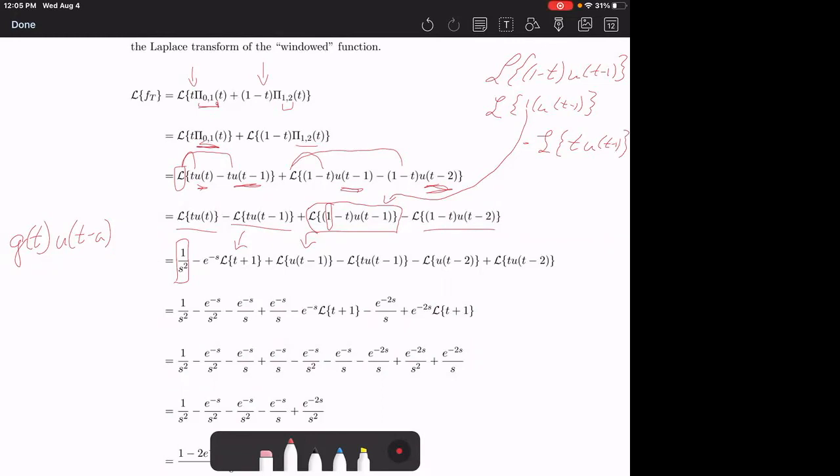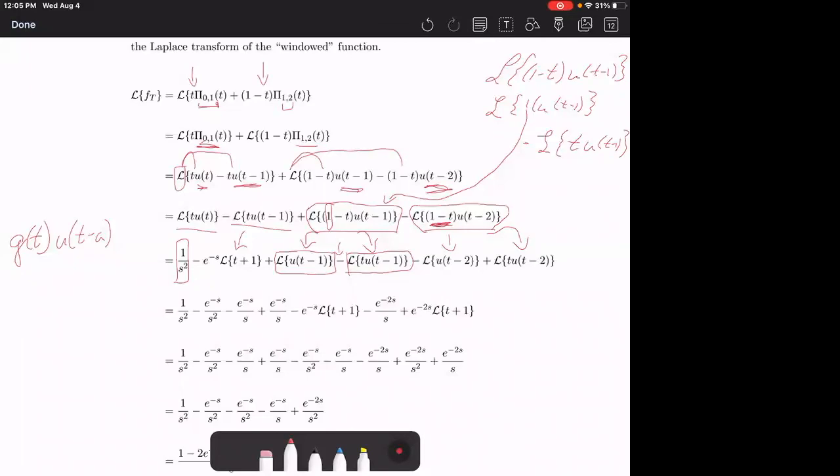So that's how we've broken this up into 2 pieces. So the Laplacian of u of t minus 1 is the first bit, and the second bit is the Laplacian of t times u of t minus 1, of course, with this negative sign carried through. And we do the same thing with our last piece here. That 1 minus t in there is going to break this up into a sum. So we get the Laplacian of u of t minus 2 plus the Laplacian of t times u of t minus 2.